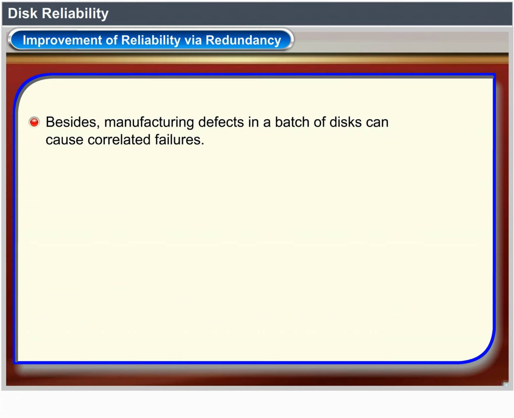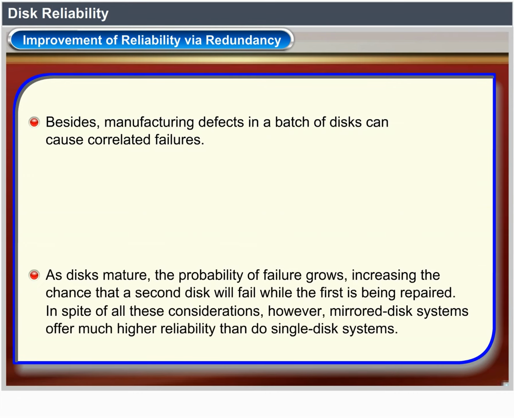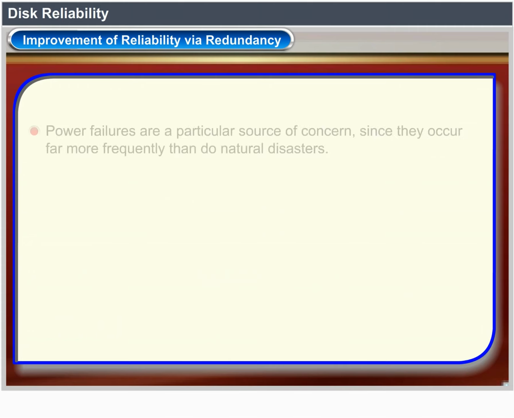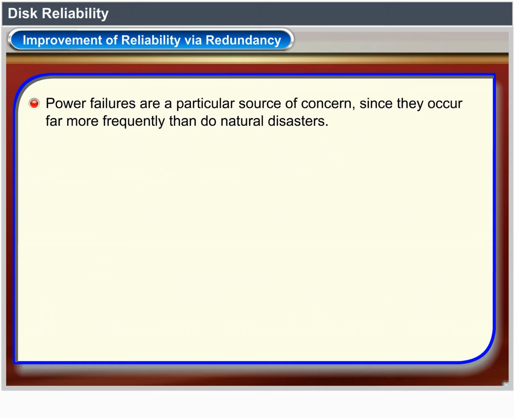As disks age, the probability of failure grows, increasing the chance that a second disk will fail while the first is being repaired. In spite of all these considerations, however, mirrored disk systems offer much higher reliability than do single disk systems. Power failures are a particular source of concern since they occur far more frequently than do natural disasters.